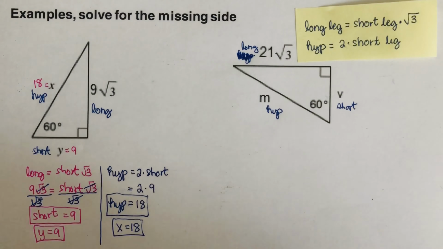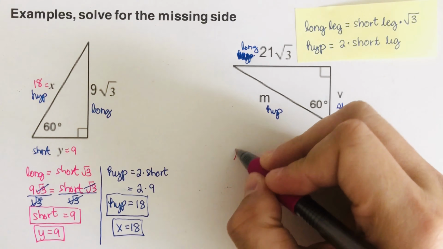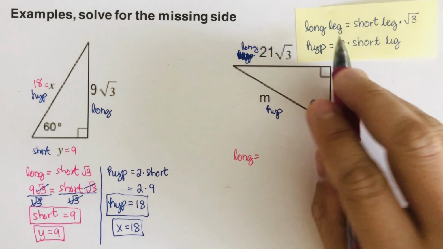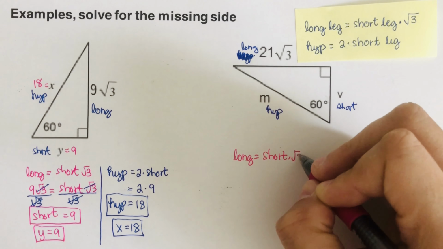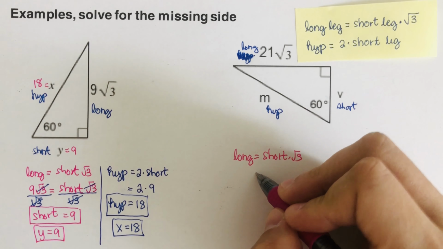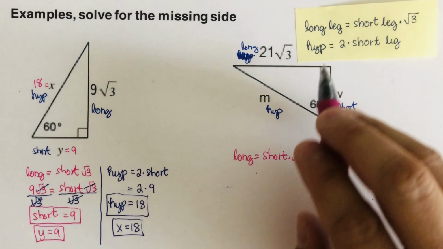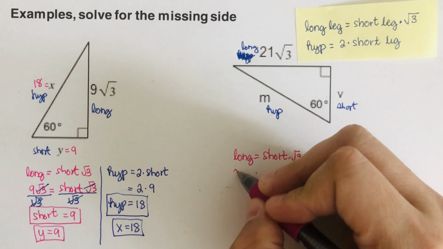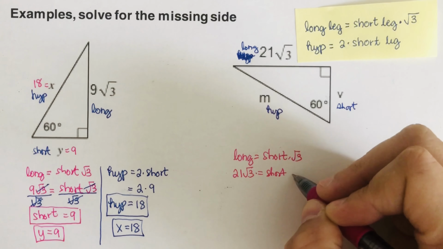Then we use the formula for the long since we're given the long. So long leg is equal to short times square root of 3. The short side is missing, but we have the long to be 21 square root of 3, which is equal to short times square root of 3.